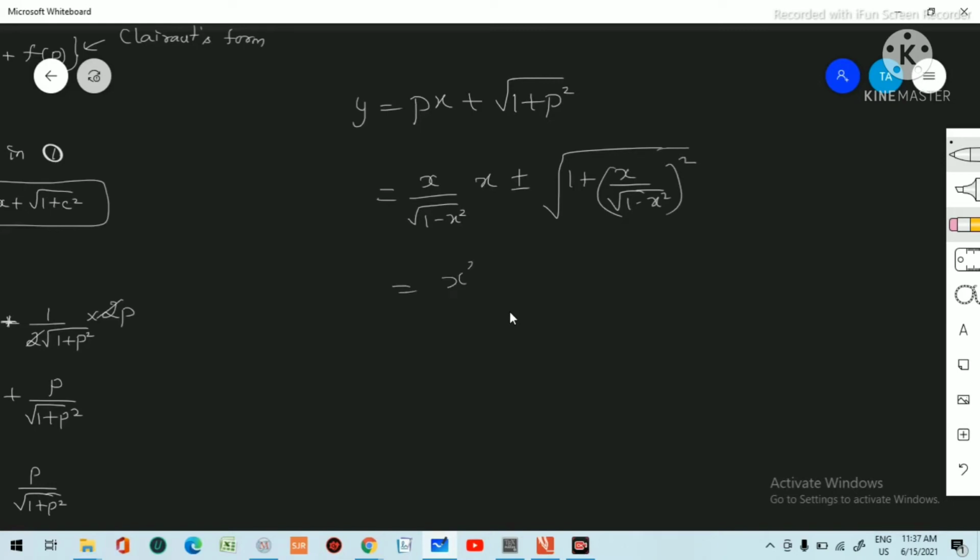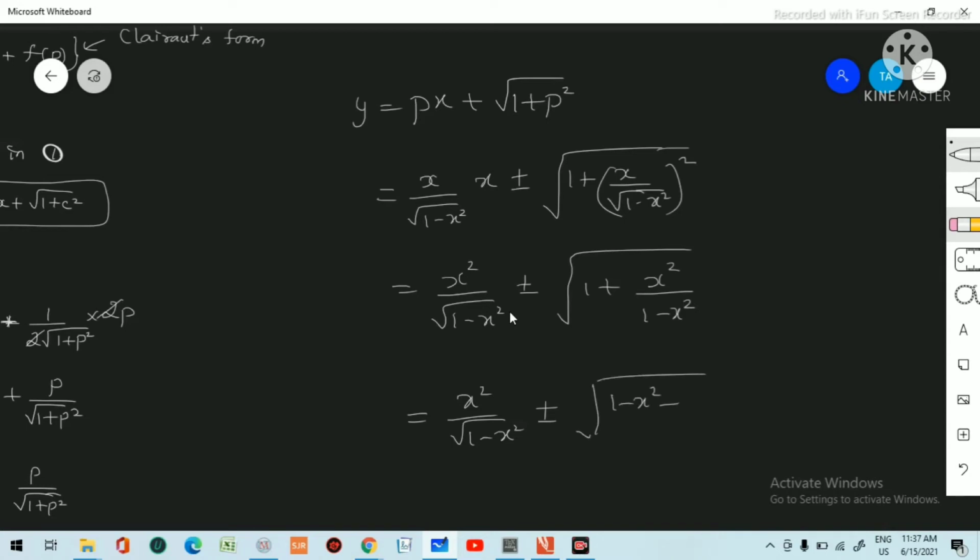So this is square root of 1 minus x square plus or minus square root of 1 plus x square, in the denominator I will get 1 minus x square. So this is equal to x square by square root of 1 minus x square plus or minus square root of 1 minus x square plus x square, divided by 1 minus x square.